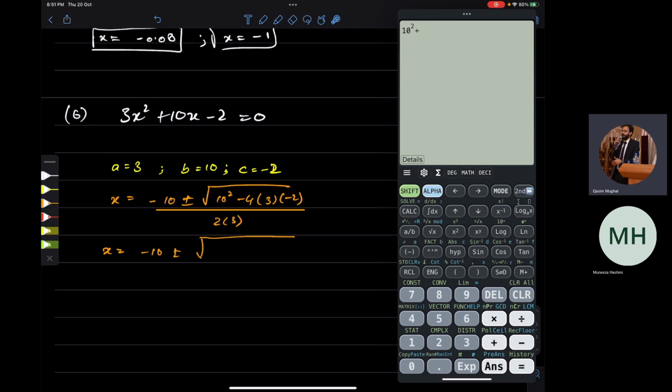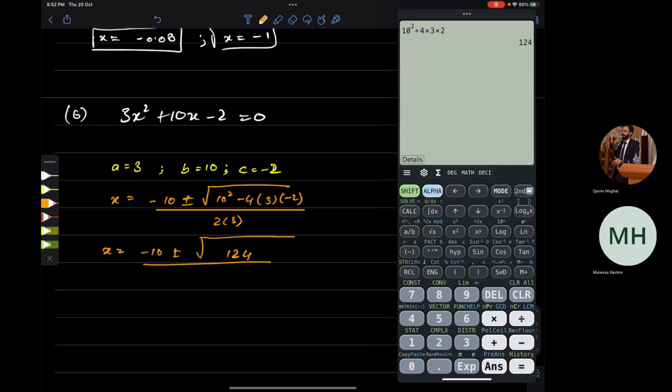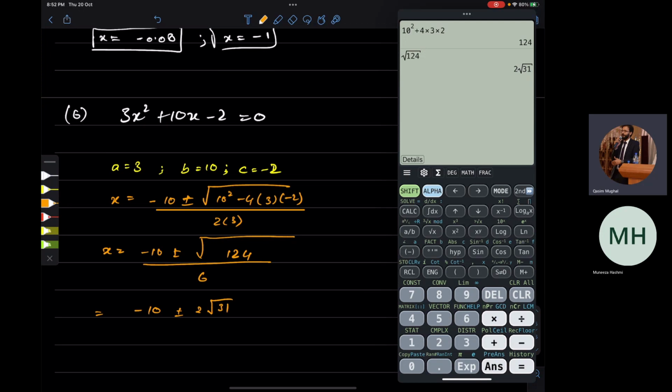So plus 4 times 3 times 2, that's 124, over 6. Now I'm going to take the root of 124, but I will leave it in surd form. When you press this button, S-D is going to take you back to the surd form. One way is giving you decimal, and the other way is giving you the simple surd form. So that's minus 10 plus minus 2 root of 31 over 6.